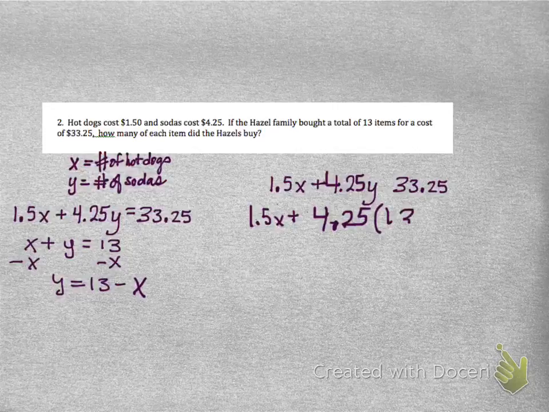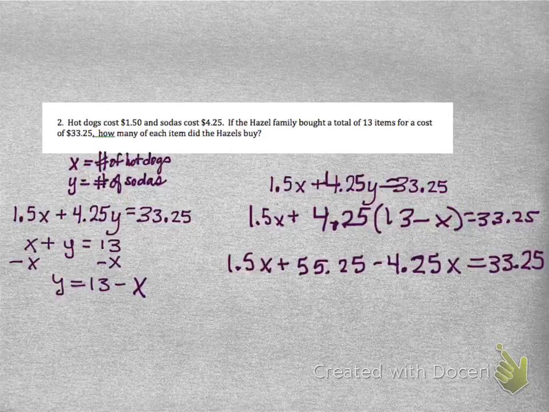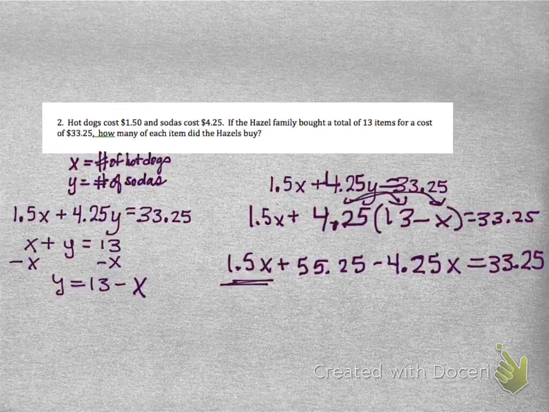And so that's going to be that 425 times the whole quantity of y. And that's equal to the 3325 total. So distributing that 425 through that, and then I want to combine my like terms.